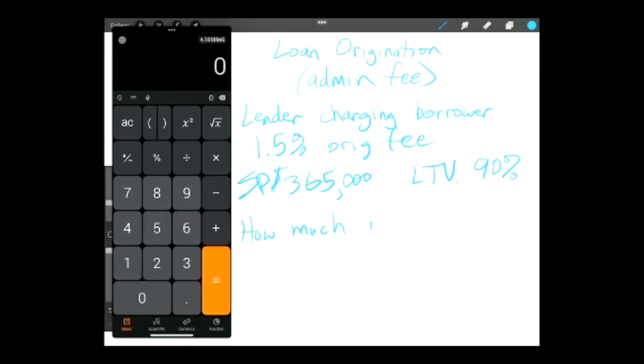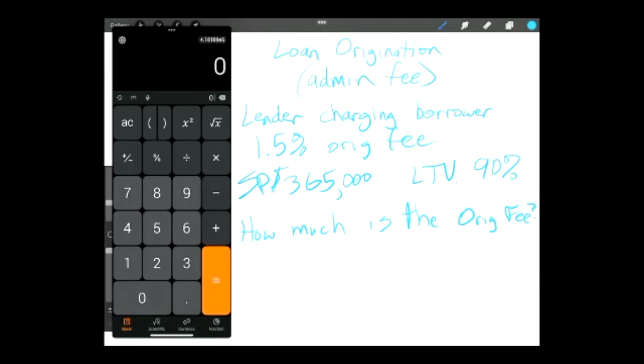How much is the origination fee? 1.5% origination fee, sale price of $365,000, loan to value ratio of 90%. How much is that fee in dollars? I'll be right back.